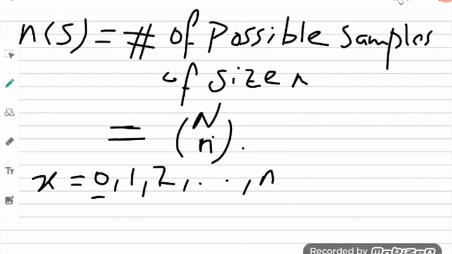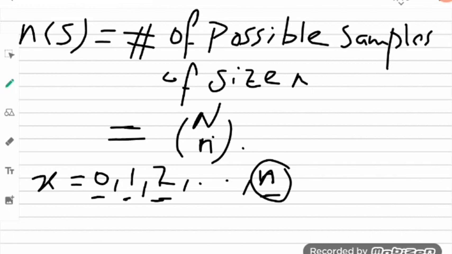Or we can choose one element, or we can choose all of the sample from the part that belongs to the characteristic F, which is a success. So n successes.